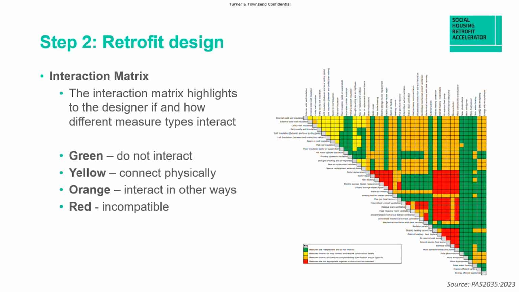You might want to consider how that's going to happen and what the interaction would be. Do you need to put a sleeve through for cavity wall insulation? Are there other activities that need to be considered there? And then the orange, there are interactions, and you really need to consider the risks involved with those and the performance impacts that might have on the other measures that they highlight in that section.